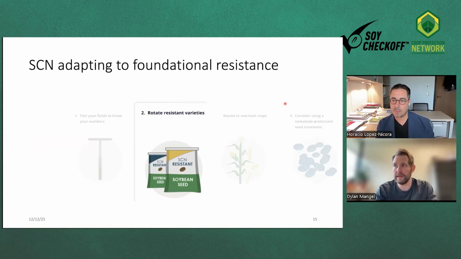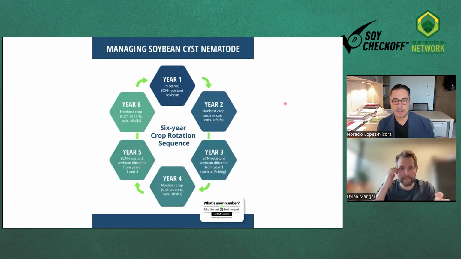And ultimately, the best choice would be a multi-year rotation plan where you are rotating with a non-host crop. In this figure, it's shown on the even years. But then on the odd years, you start with, say, a PI 88788 variety. In year one and year three, you maybe choose a Peking variety if you can find a good one available that you like.